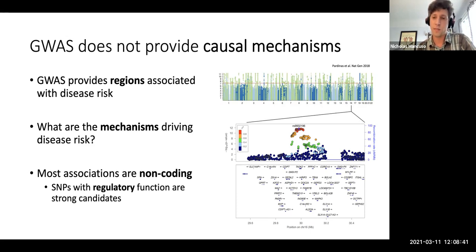But the primary challenge with GWAS is that it really provides regions associated with disease risk. Just because an individual variant has statistical support for an association doesn't really mean that it's causal or actually driving the risk at that region, or explaining the risk at that region. And the reason is largely due to LD, right? Inheritance patterns are that we inherit genetic variants from our parents in chunks.